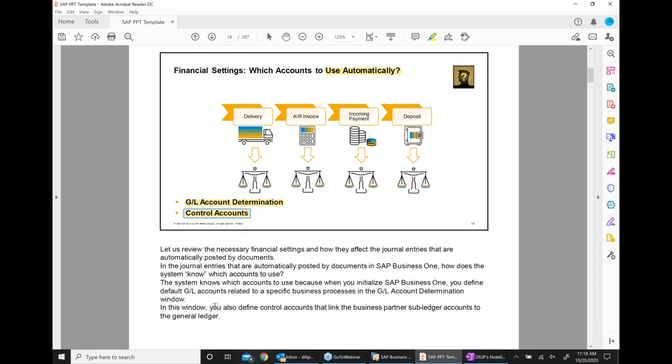I would like you to take a pen and paper and make a note of these two lines at the bottom, which I highlighted. Control account that links the business partner subledger account to general ledger. Make a note of that statement. Some people also call this a reconciliation account.